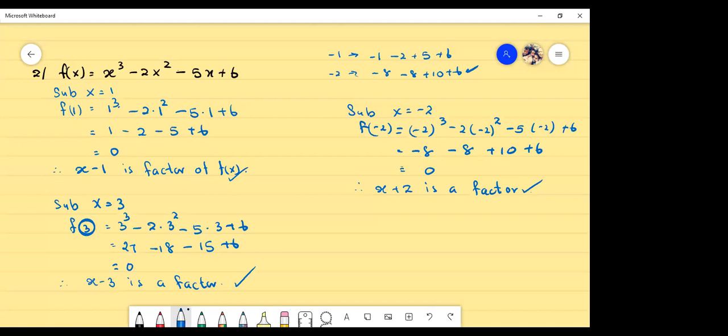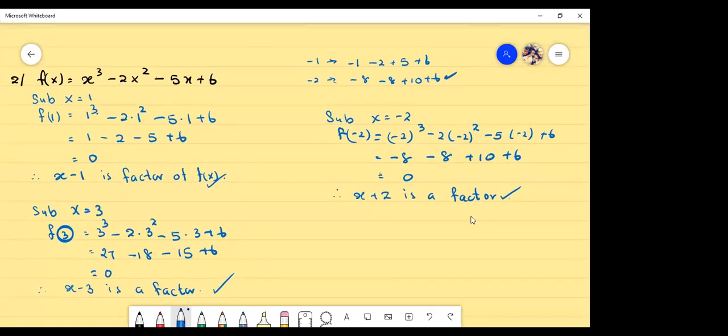Okay, finish. Then we come to method number 2. Write down, put this stuff.